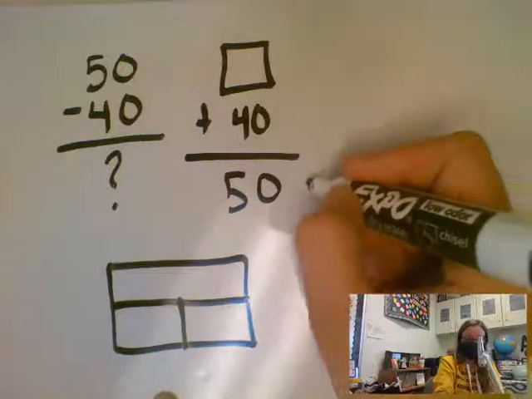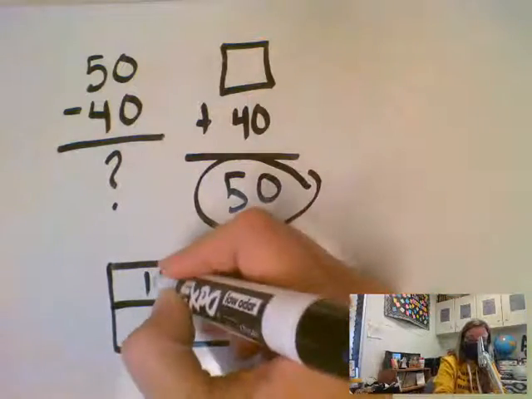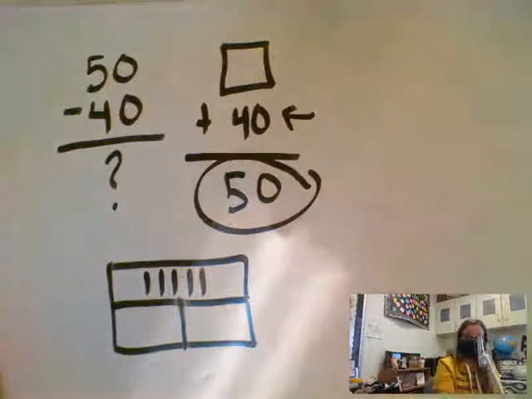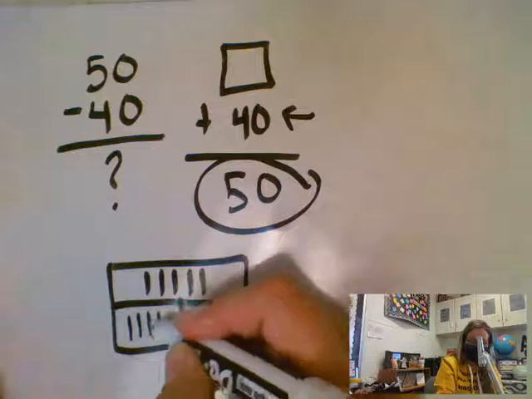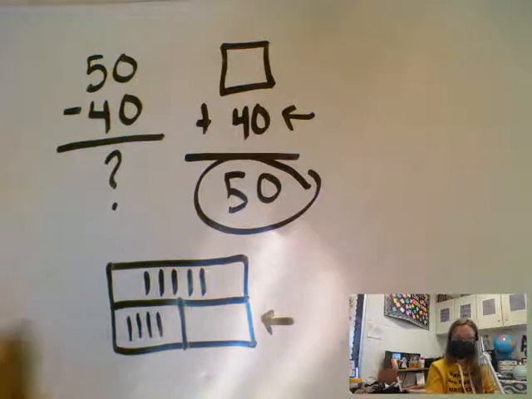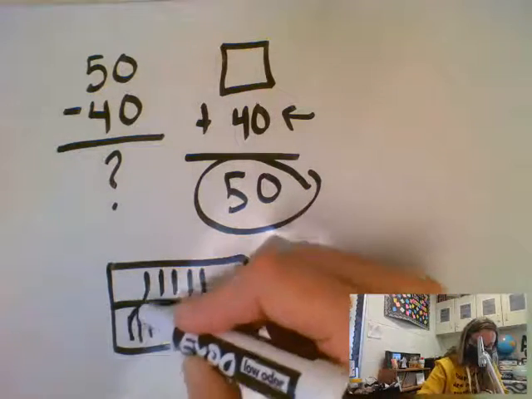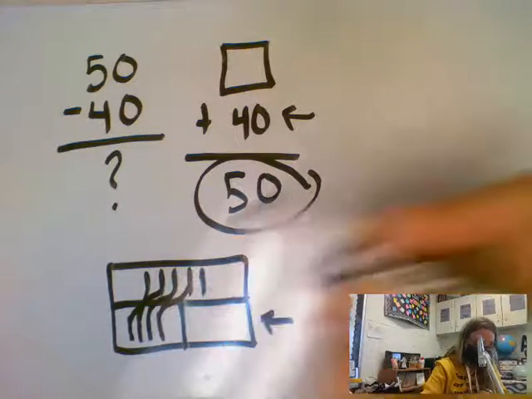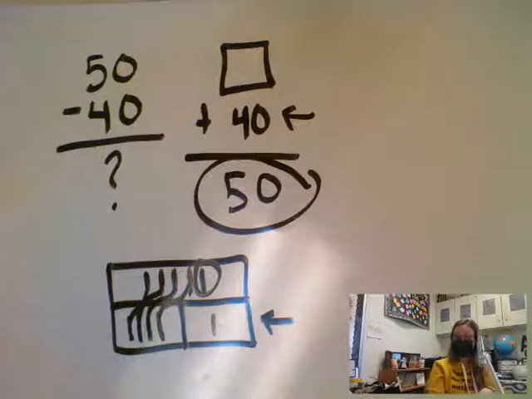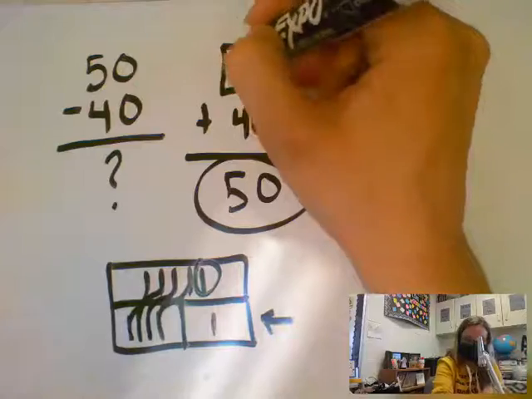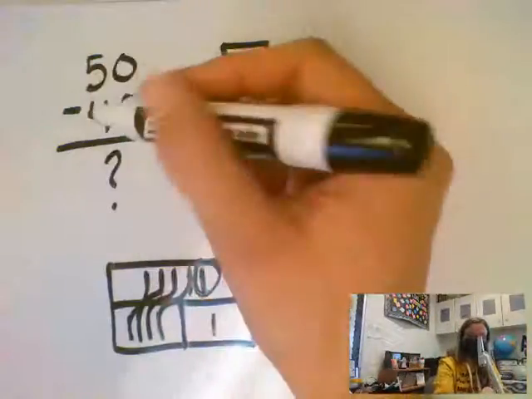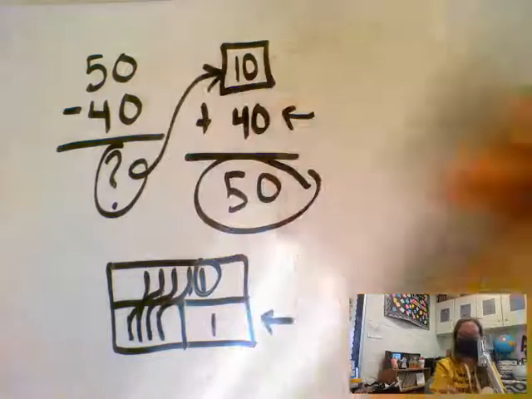We know that our sum is 50, 10, 20, 30, 40, 50. That's our whole. And we know that our first part is 40, 10, 20, 30, 40. So now we just have to figure out this missing part. So if I connect, there's 10, 20, 30, 40. I see that I have 1 ten left, so my missing number is 10. So if 10 plus 40 equals 50, then 50 minus 40 equals 10.